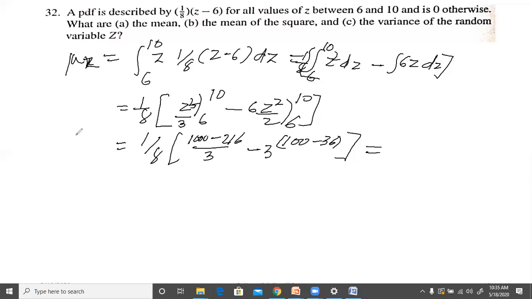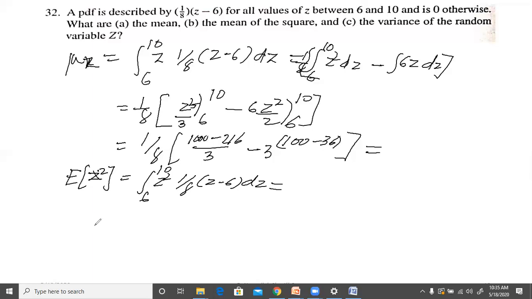Similarly, you can find the expectation of z square. It's not x, it is z square. So that will be the integral of z square into 1 by 8 (z minus 6) dz, with 6 to 10 as the limits. I hope you can solve this.